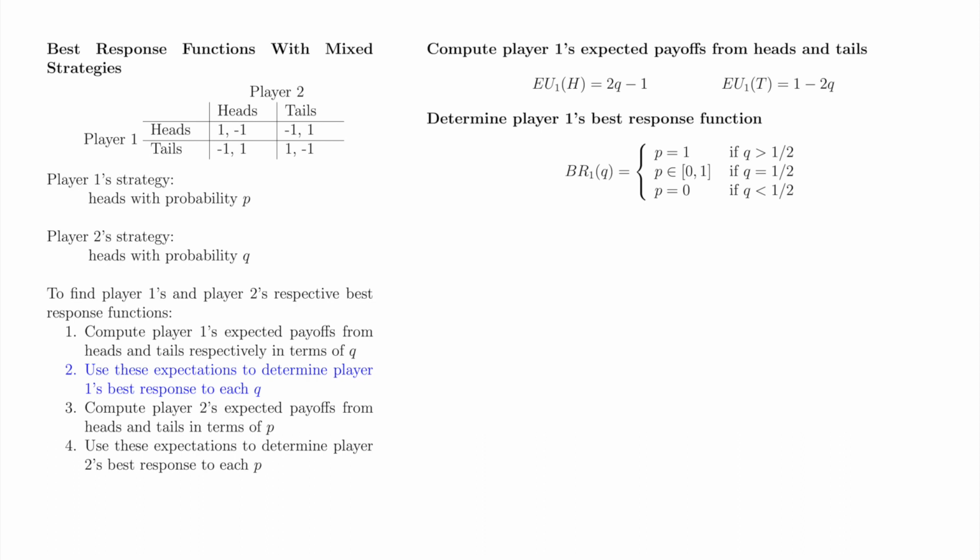If Q is less than 1/2, that is to say that player 2 usually plays tails, player 1 is more likely to match player 2's penny by playing tails. If Q is exactly 1/2, all of player 1's choices of P are equally good, so all choices of P are best responses. Regardless of her choice of P, player 1 matches with player 2 half the time and does not match the other half of the time.